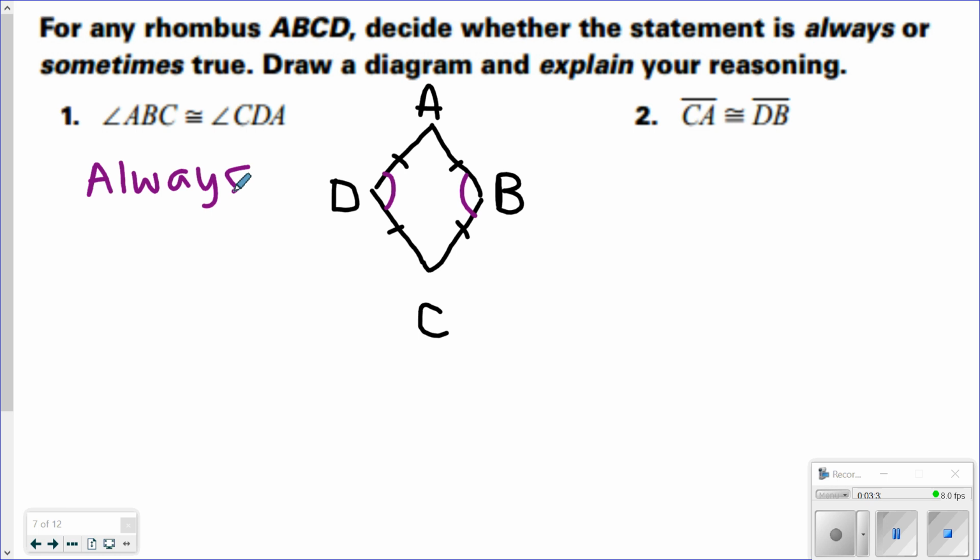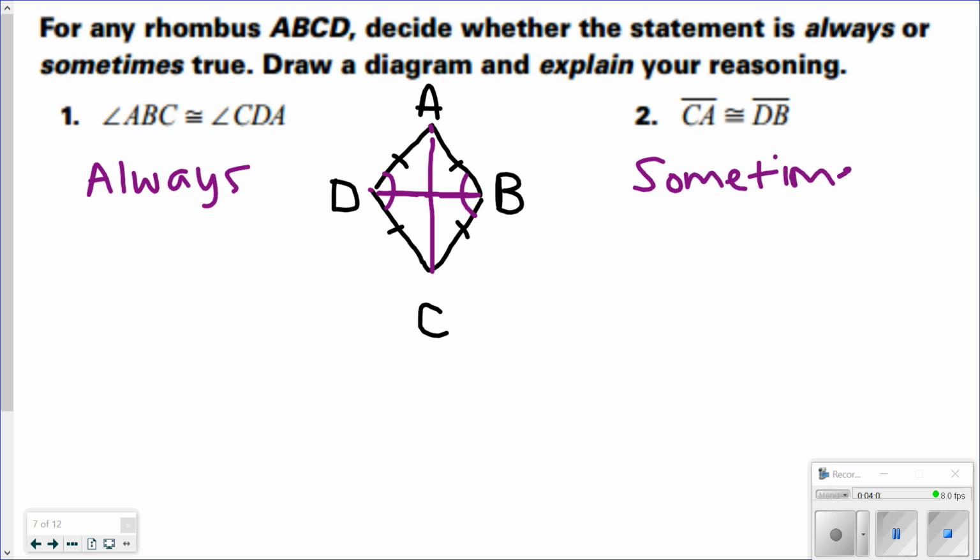Now let's look at number two. Number two states that CA is congruent to DB. So CA would be this diagonal, and DB would be this diagonal here. So when is this true? Is it always true or sometimes true that the diagonals in a rhombus are congruent? Well, this answer would be sometimes.